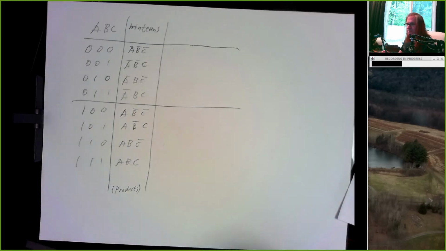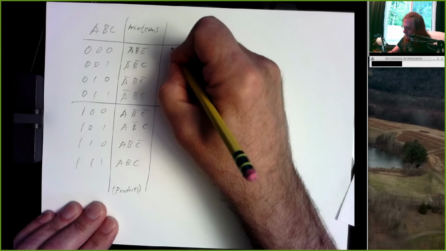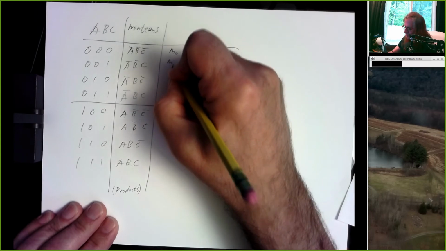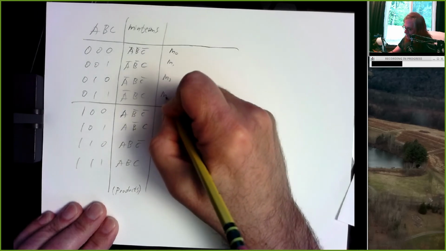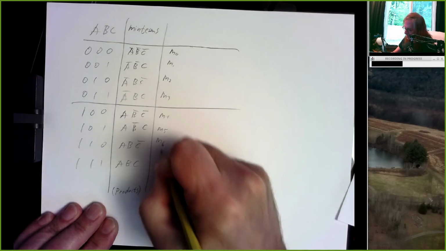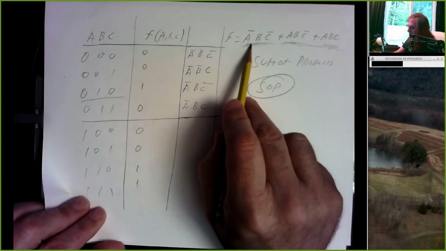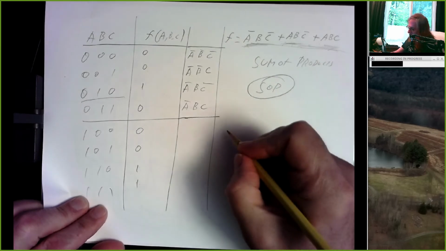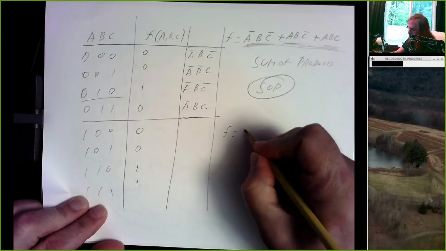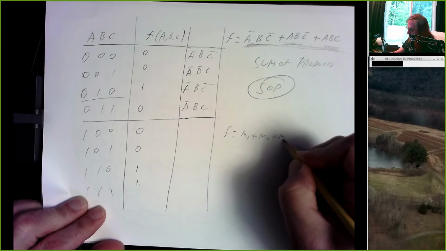So we have abbreviations for these. We call them M0, M1, M2, M3, M4, M5, M6, and M7. And now, instead of writing all of this stuff, I could say F equals M2 or M6 or M7.